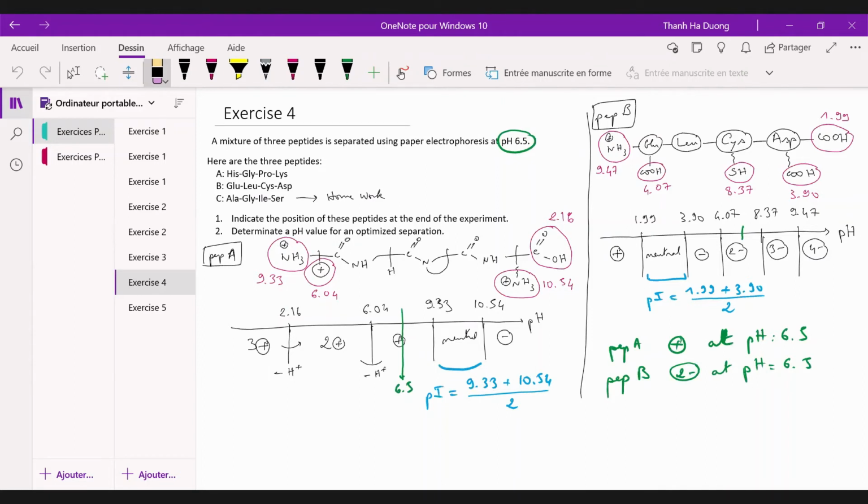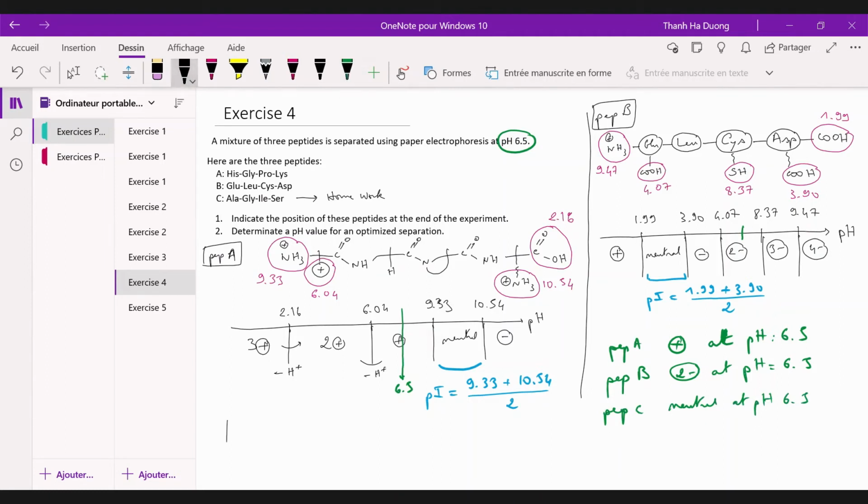So for example, we said for exercise 4, sorry. So we have peptide A, which is positively charged, peptide B, which is negatively charged, and peptide C, if you did your homework, you should know that it is neutral at pH 6.5.